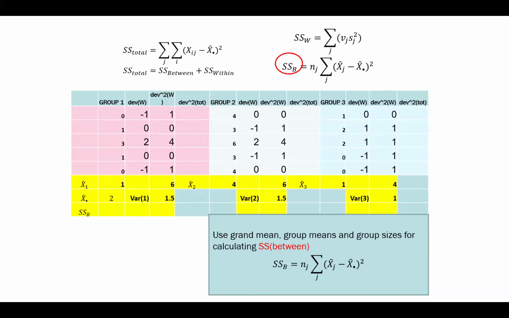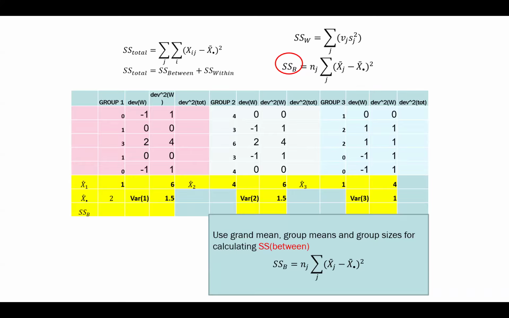We take each group mean and deviate it from the grand mean. Square it, that's what's in parentheses. Now we have a squared deviation term. Sum all those up. When we have three groups, we'll have three terms to sum. And then multiply that sum times the number of cases in a group. Easy to forget. Multiply the sum times the number of cases in a group.